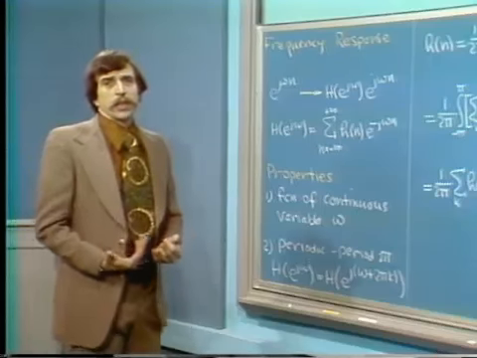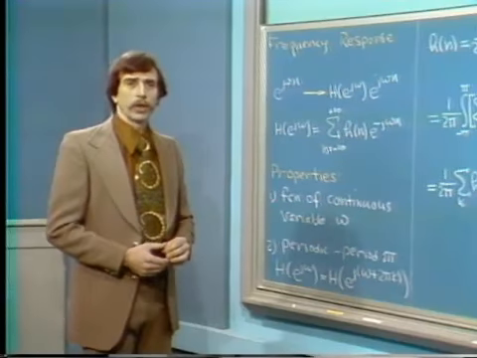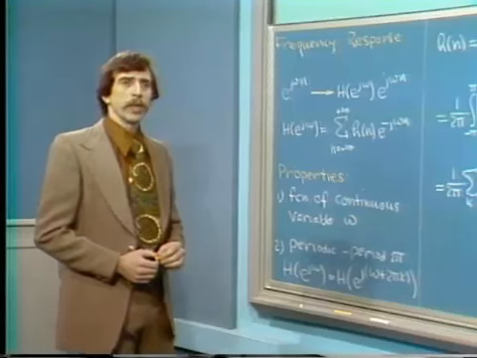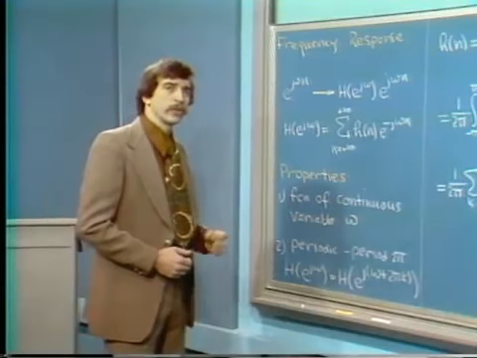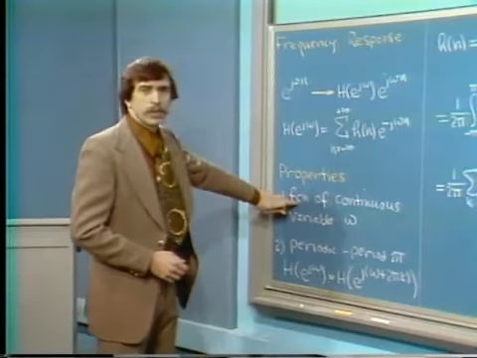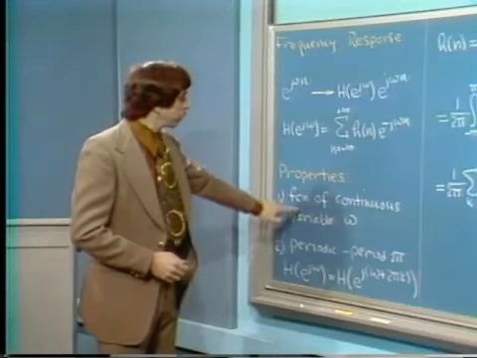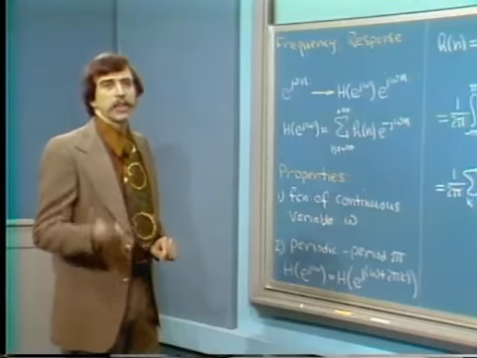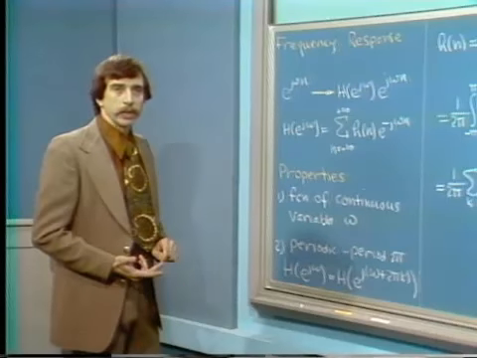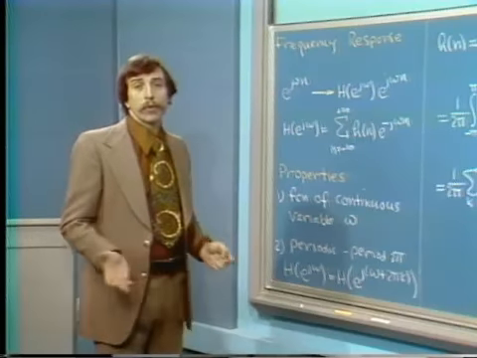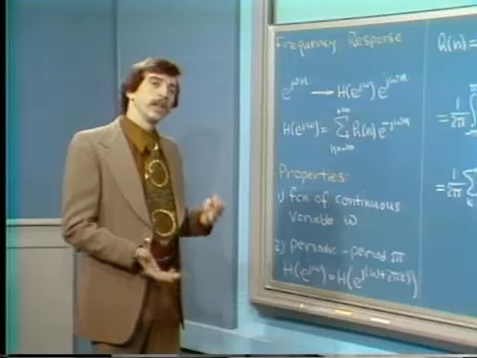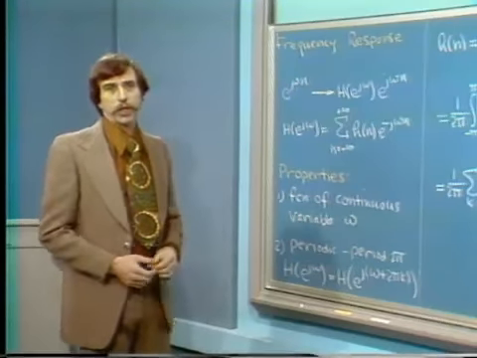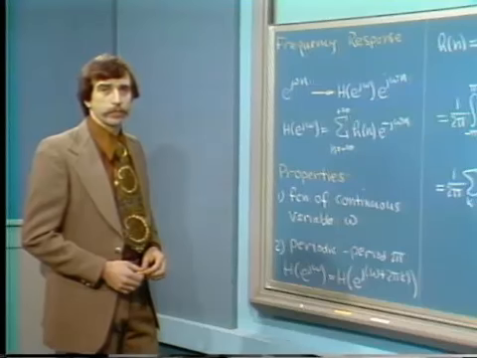One heuristic way of developing such an inverse relationship is by observing that since the frequency response is a function of a continuous variable omega, and in fact it's a periodic function of omega, then it should have a Fourier series representation. That is, it's a continuous periodic function. A continuous periodic function has a Fourier series representation.